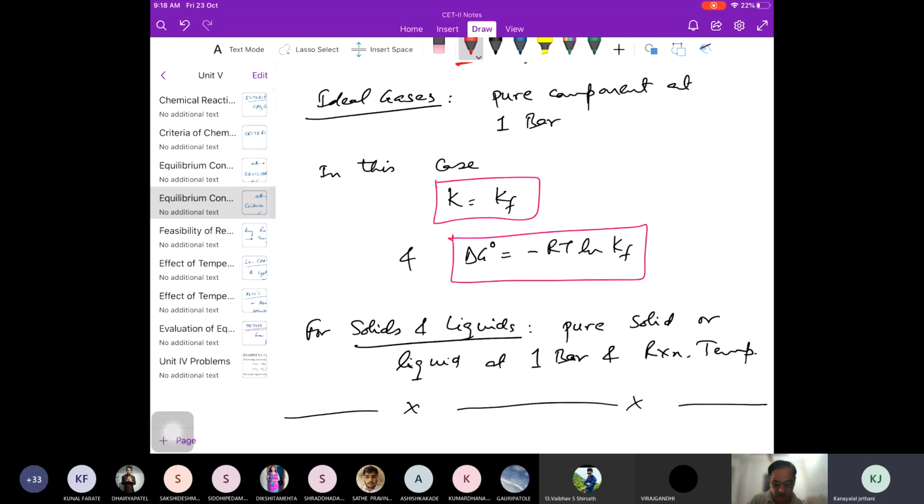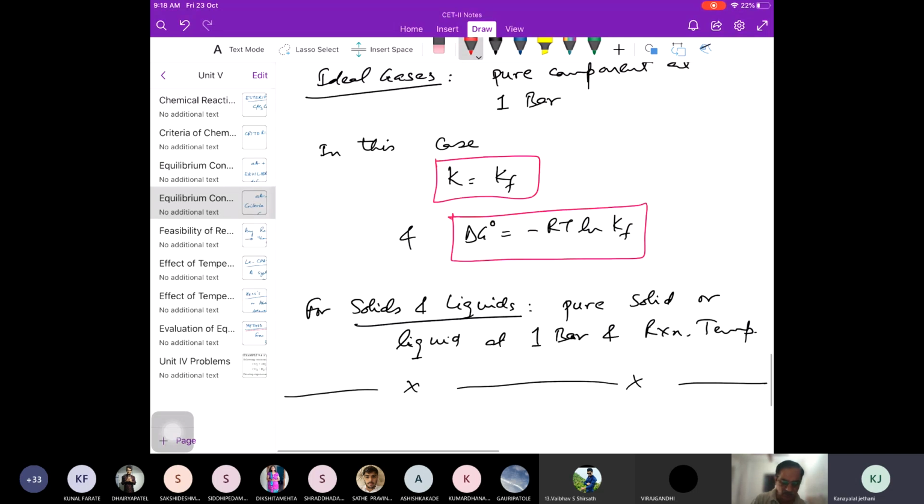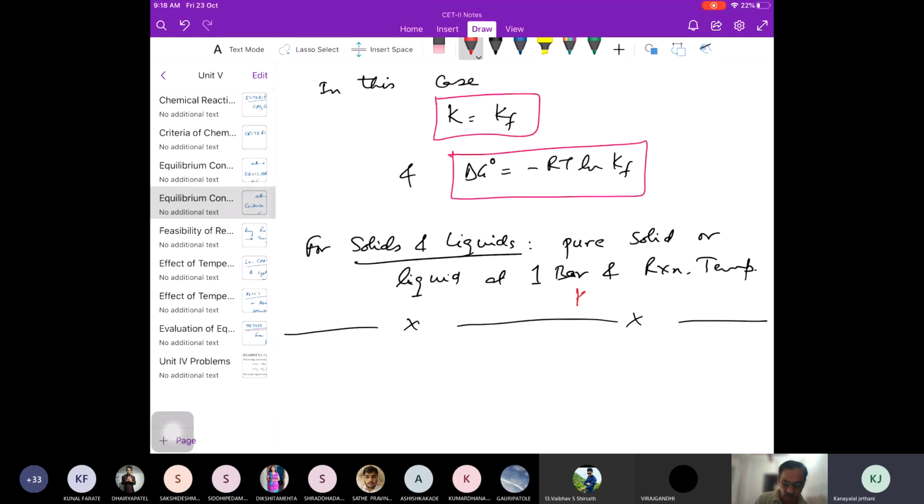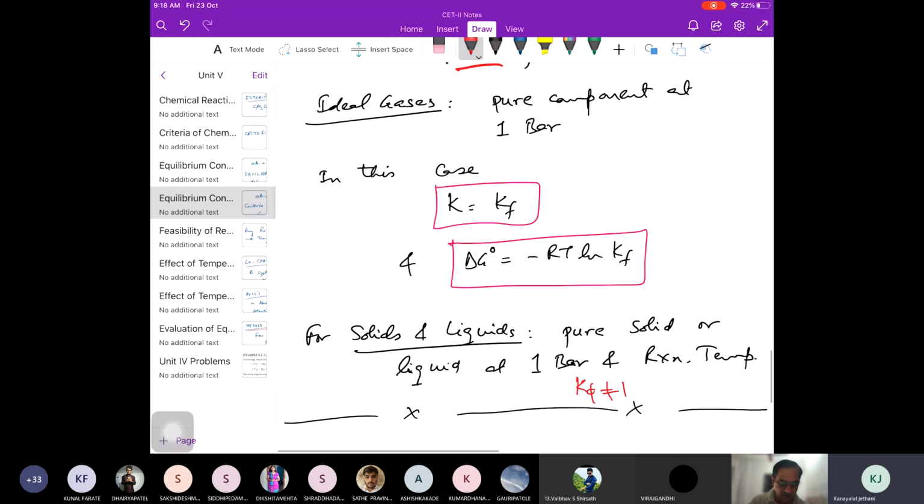That's how we define it for solids and liquids. But Kfi is not going to be equal to 1. So only for ideal gases is Kfi equal to 1, and that's why you get K equal to Kf. ठीक है, any questions?